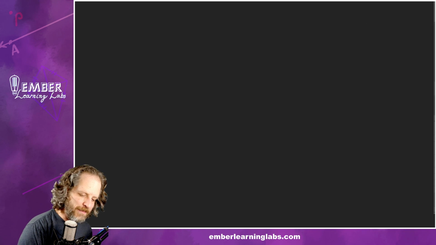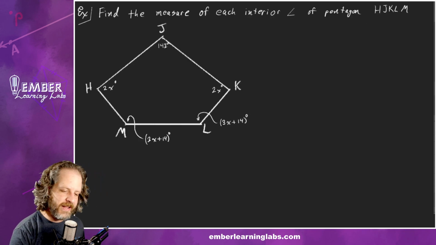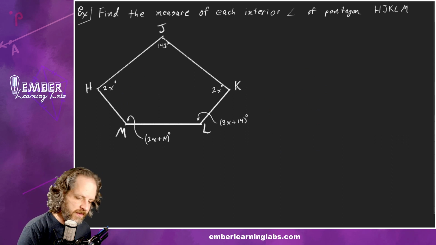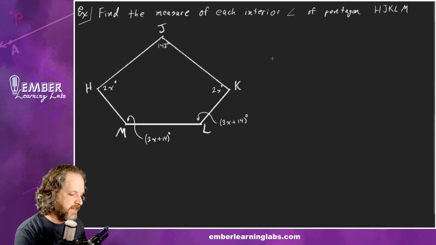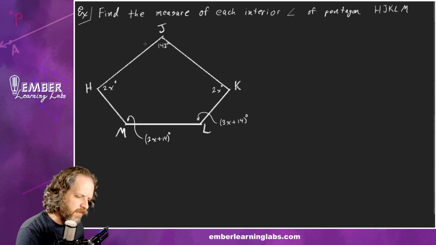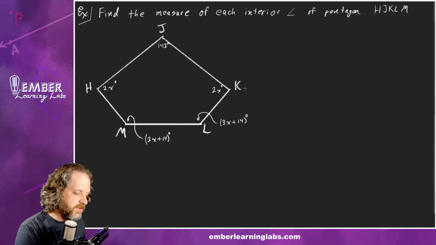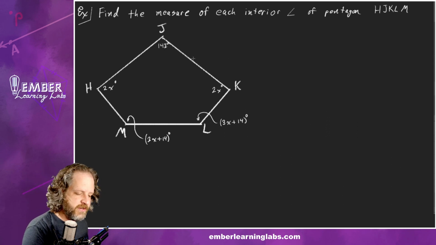All right, let's do an example using that idea. Let's find the measure of each interior angle of this pentagon HJKLM, right? This guy right here. So first of all, this is a pentagon. We already did the math for this one just now. So you would use that n minus 2 times 180 to find the sum of all of these.